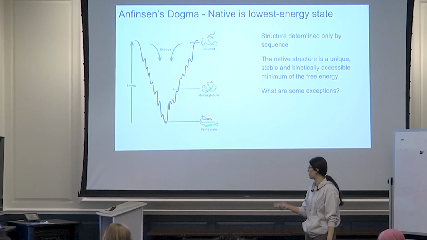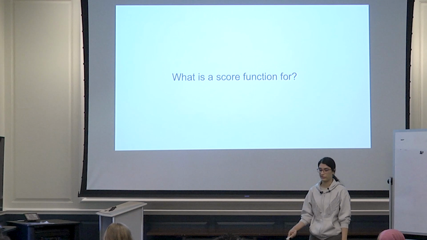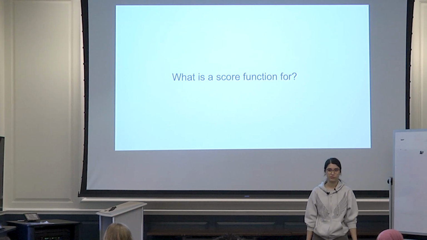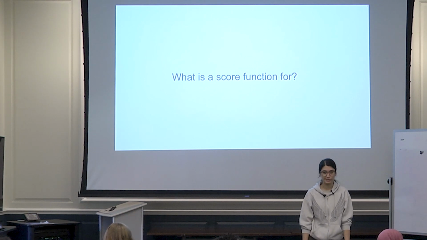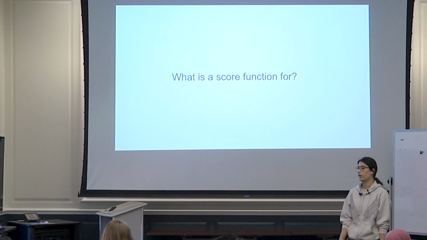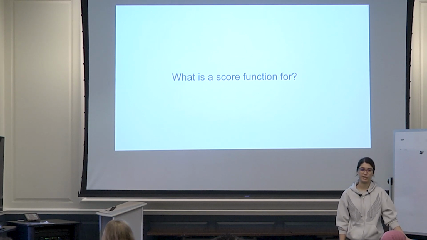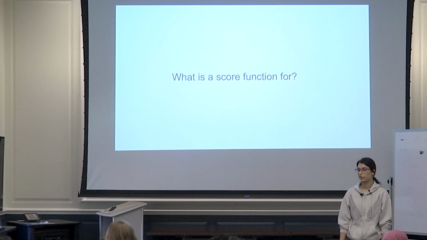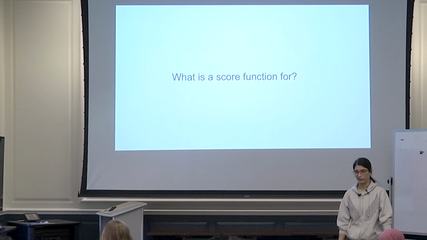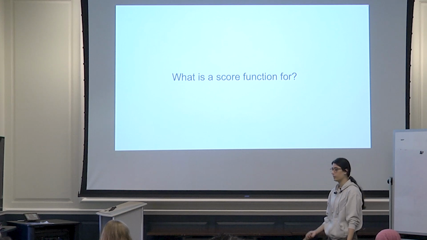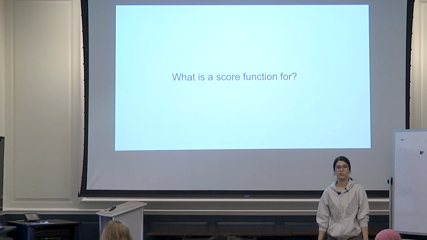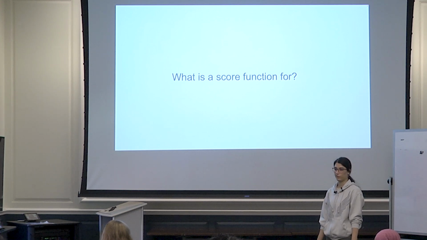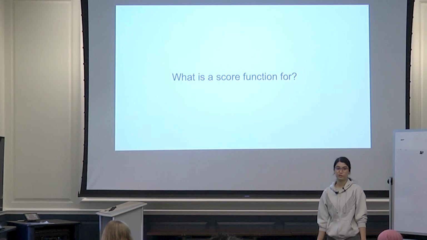And with all of this, we can start discussing exactly why we need a score function. As a few of you pointed out, in terms of what perturbations or mutations we make to our protein, we don't actually know if the energy is going to go up or down. So we need a way to keep track of all of this and make the right changes. And so we have to score these changes and perhaps only consider the ones that are favorable in terms of some energy or some approximation of free energy.